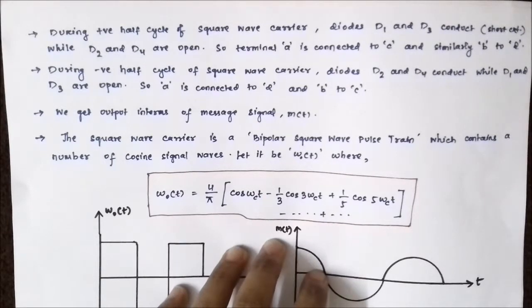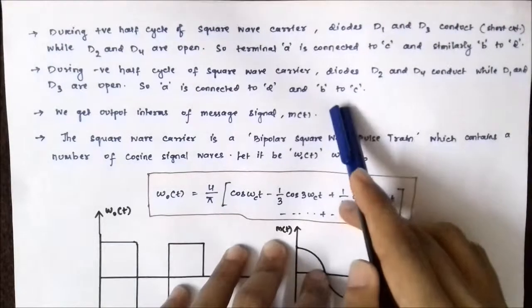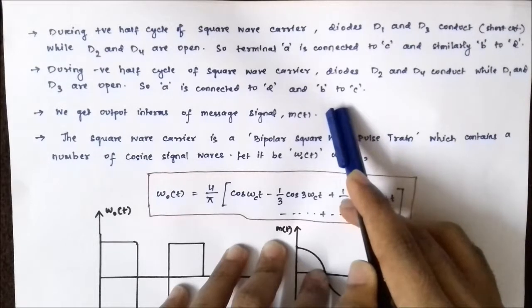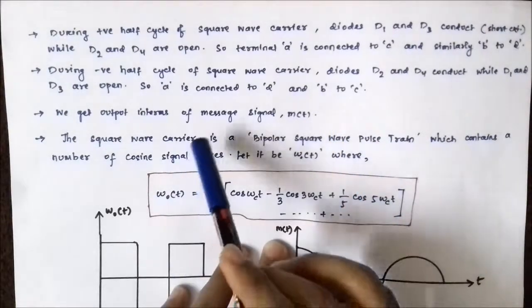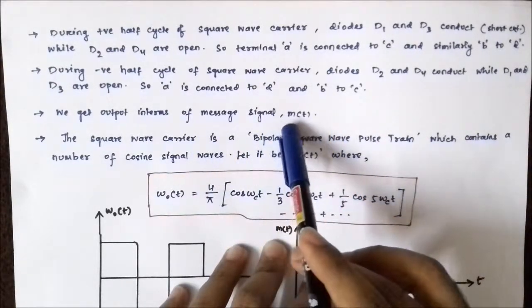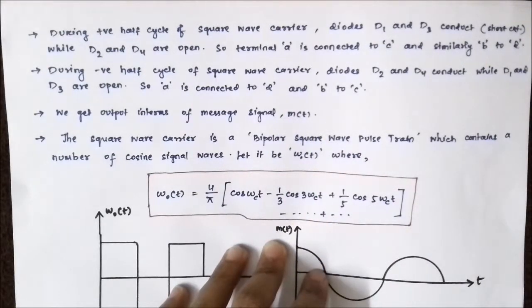So they behave as forward biased diodes and act as short circuit, while the other diodes D1 and D3 are reverse biased and open circuited. As a result, the point A gets connected to D and the point B gets connected to C. Now, we always get the output in terms of the message signal.